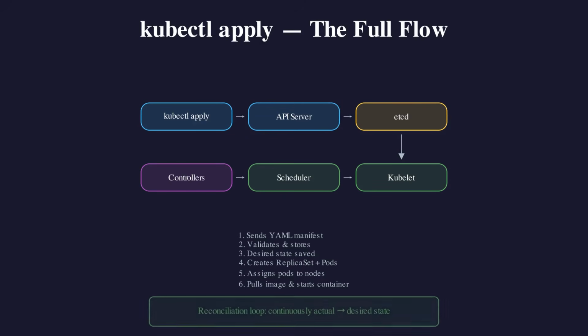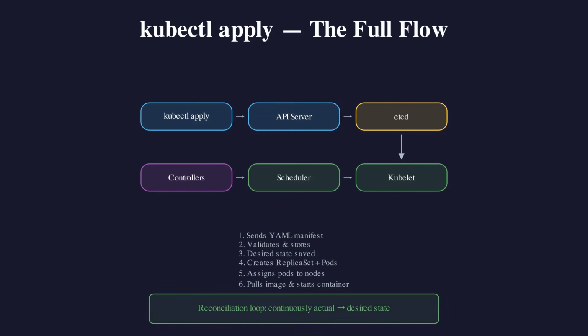The service controller sets up the networking so traffic reaches your pods. This entire process typically takes just a few seconds. And from that point on, Kubernetes continuously monitors the actual state and reconciles it with your desired state. This is called the reconciliation loop, and it's the core design pattern of Kubernetes.